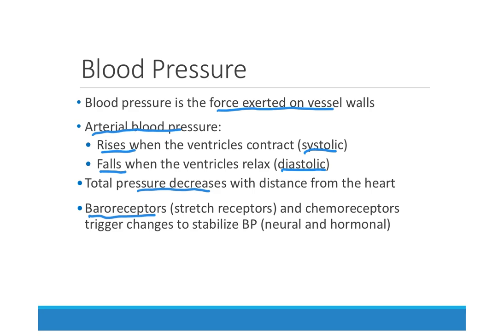And then there are chemoreceptors that keep track of certain chemicals in the blood, primarily carbon dioxide. Changes, either a higher or lower level of stretch or a higher or lower level of carbon dioxide, will cause changes that are both neural and also potentially hormonal through the ADH and aldosterone hormones to change the blood pressure, to stabilize it and bring it more in homeostasis.